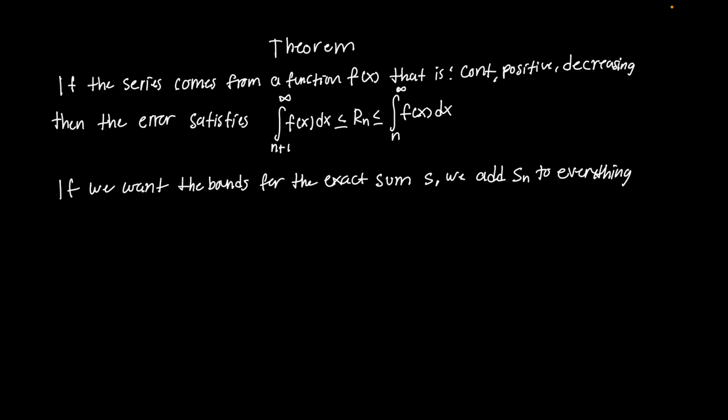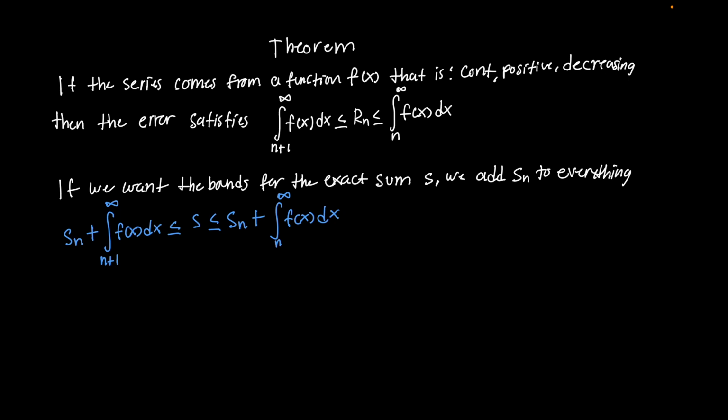This is what it looks like: s sub n plus the whole integral we wrote on the top, from n plus 1 to infinity, up to s sub n plus the integral from n to infinity. This gives us a lower bound and an upper bound for the true sum.